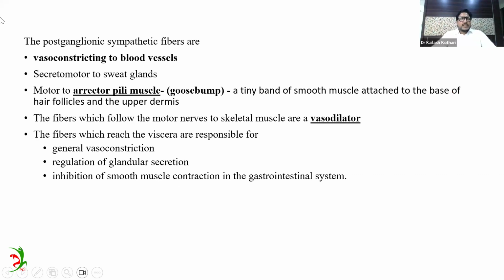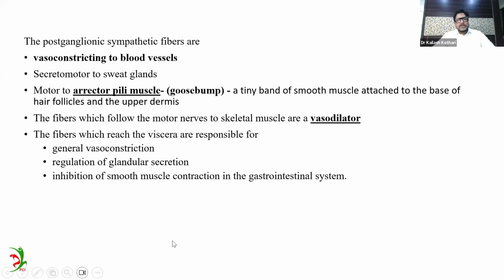Then what is the function of postganglionic sympathetic fibers? It is vasoconstriction of the blood vessels. It is secretomotor to sweat glands. It is motor to the erector pili muscle, which causes goosebumps, because the erector pili muscle is a tiny band of smooth muscle attached to the base of the hair follicle and the upper dermis.